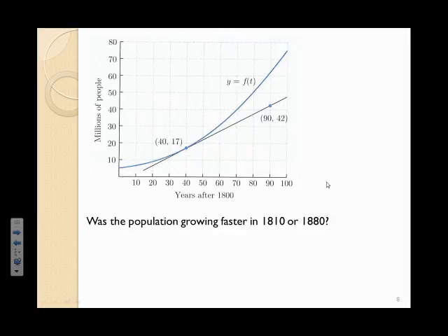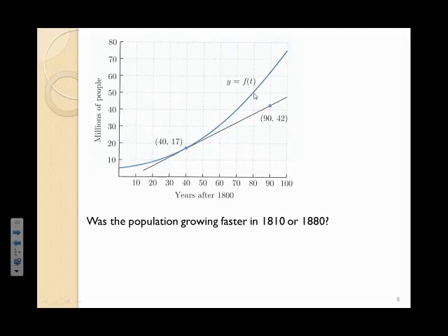Now, was the population growing faster in 1810 or in 1880? 1810 is here. 1880 is here. Well, we're not asking for the average change here. We're simply asking, is it growing faster in 1810 or 1880?